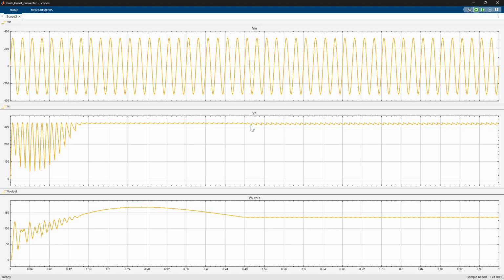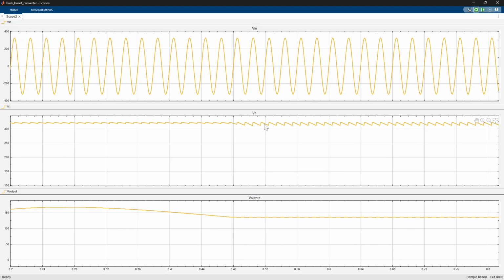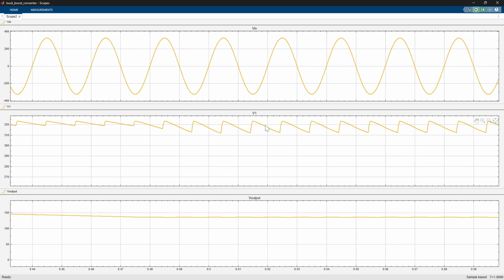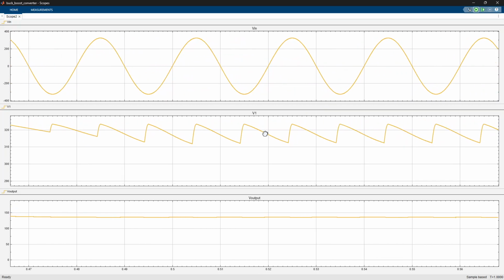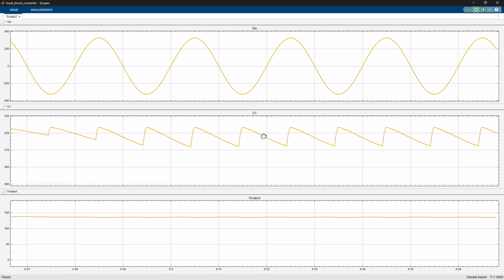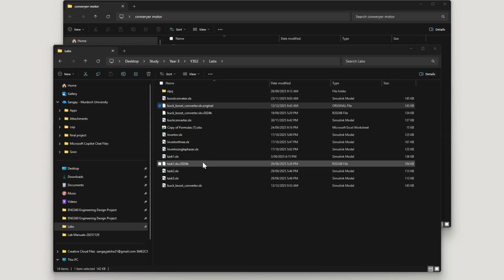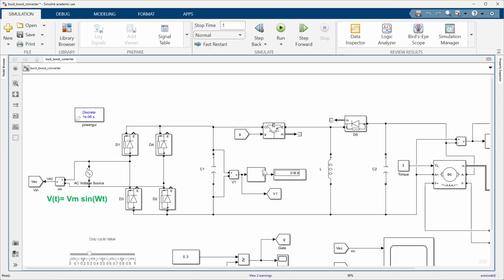This causes a small ripple at twice the supply frequency, you can see, and the average DC link voltage near this peak AC is around how much? It is around 318.9 volt.